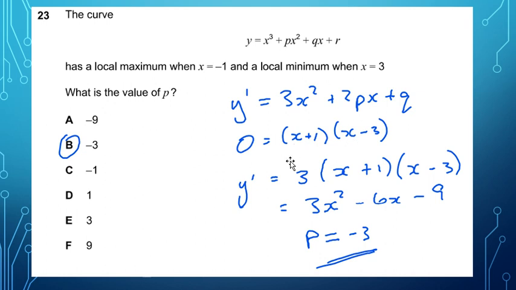Actually, we're going to put a 3 in front for factorizing the derivative in order to get 3x squared. So we expand that, we get 3x squared minus 6x minus 9, and we need to compare that with the general case above, and the number in front of x tells us that p has to be -3.